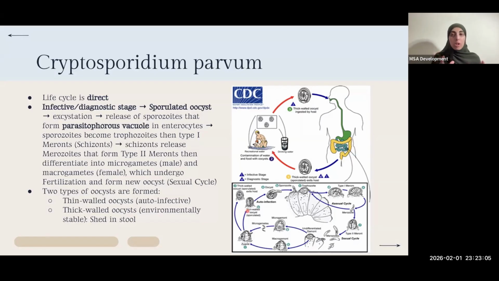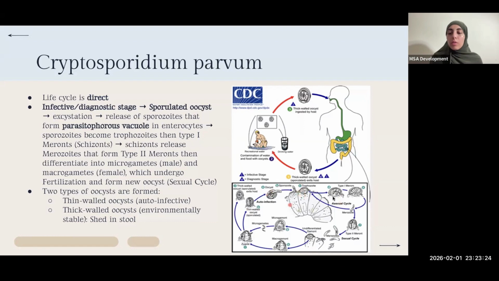If it has a thick wall, it can leave this person, be shed in the stool, and it has a thick wall, so it's strong enough to go into the stool and then stay there for a while and infect another person. So again, sporulated oocyst is the infective stage.